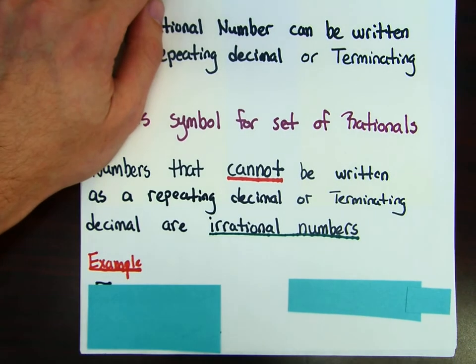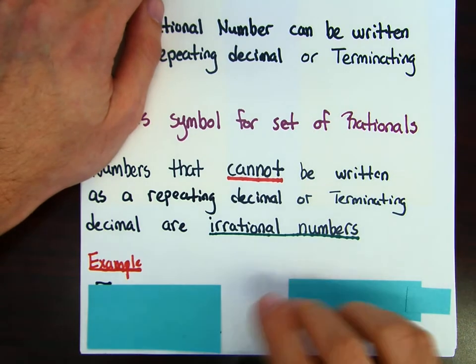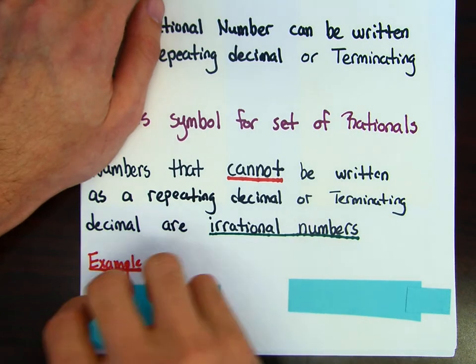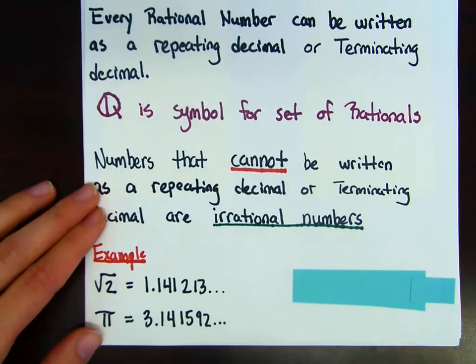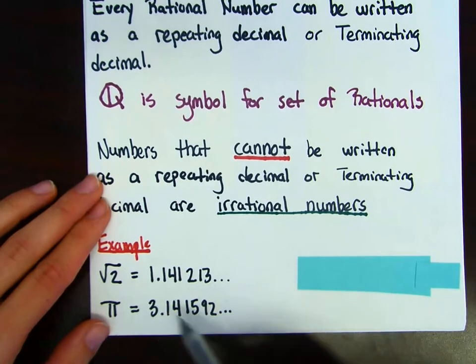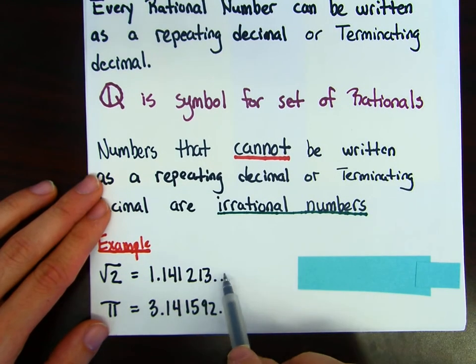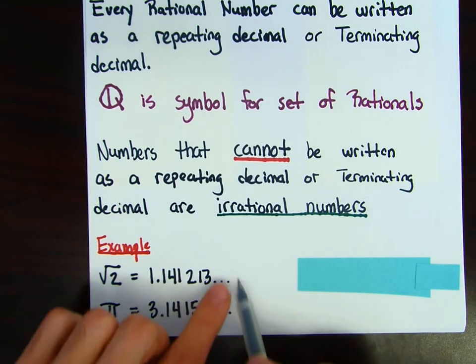Now use your math skills. Can you think of examples of numbers that are irrational? All right, pause the video. Square root of 2, because in 1.4142, there is no repeating pattern. The numbers are random.